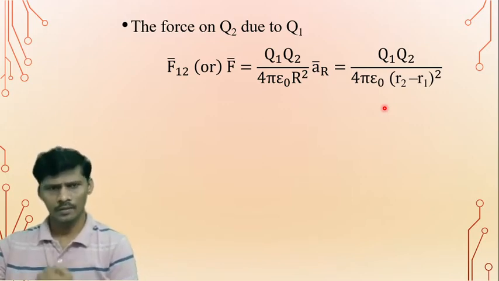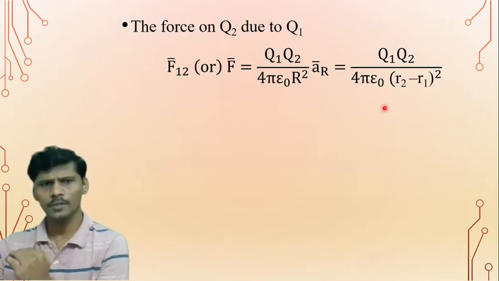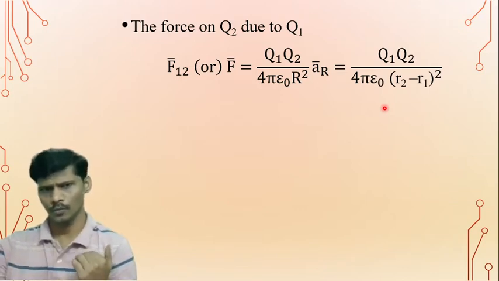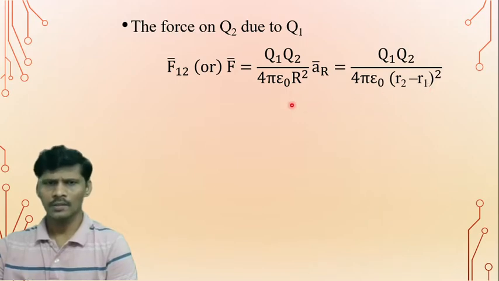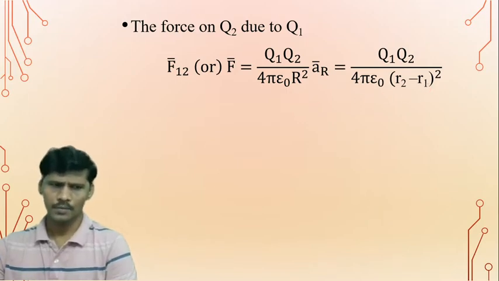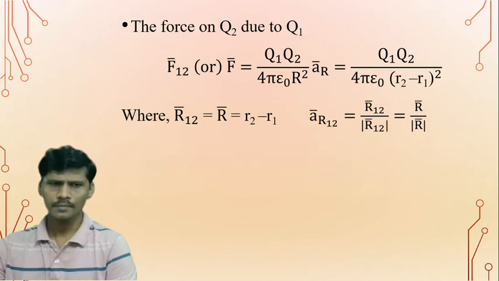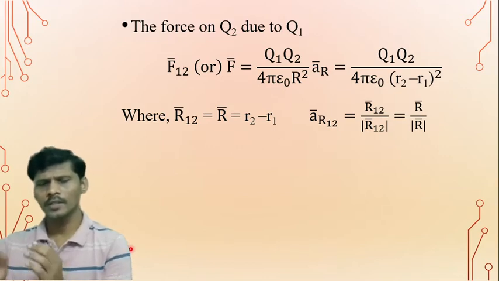Now here, find out the force on the second point charge Q2 due to Q1. So first calculate R2 minus R1, or capital R, from the figure. Here the force is calculated on the second point charge.